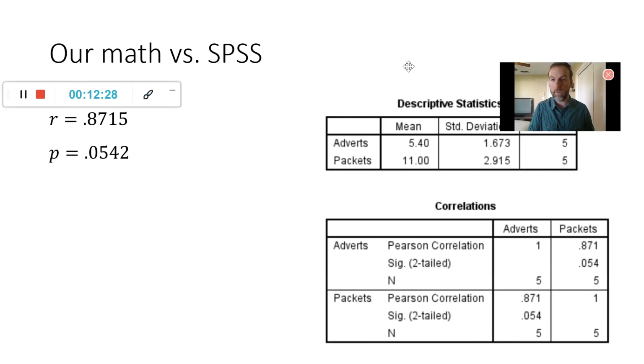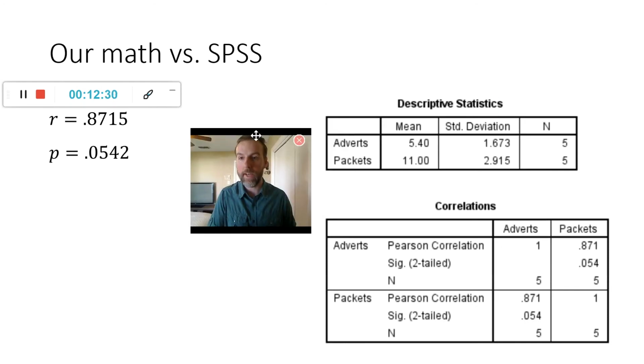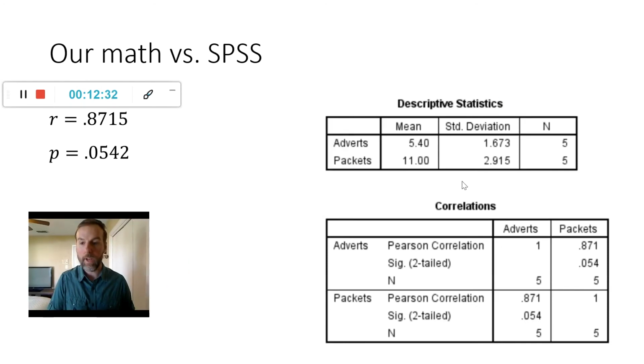Here are the results from SPSS. We'll jump down to the correlation here, and sure enough, our correlation coefficient is 0.871, about the same as what we got, with probably just some differences in rounding. And our p-value of 0.0542 is 0.054 in SPSS. So the math that I just showed you should be exactly the same math that SPSS is doing.